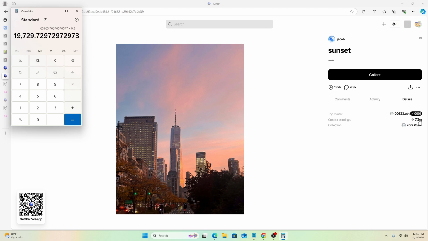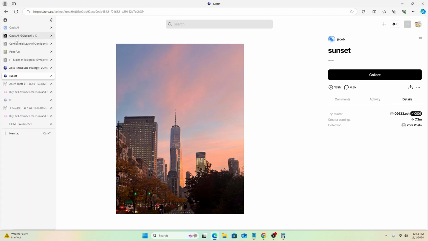But it's not 7.3 million stars contributed total. So to know the number of stars contributed total, you can say 132k, the number of mints, times 111 equals around 14,000. 14,000 stars were contributed so far. A large bulk goes to the creator based on the breakdown here.